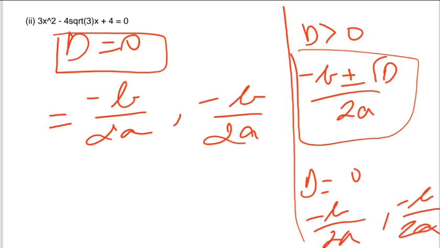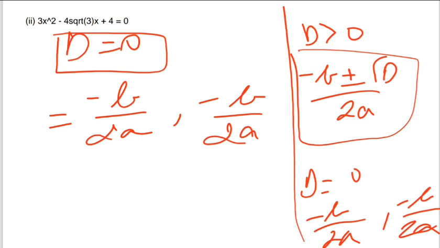For the first condition we have two zeros, so for the first one we will be using minus b plus root d by 2a, and for the second we will be using minus b minus root d by 2a. That's why I wrote plus or minus.